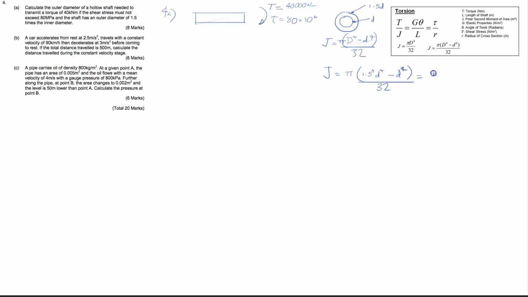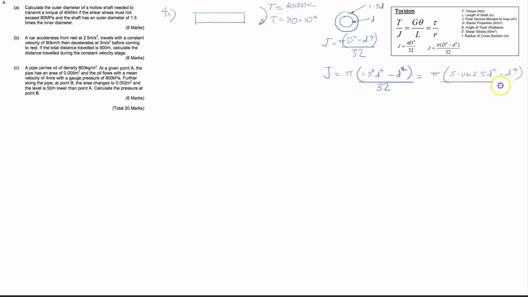So 1.5 to the 4 is 5.0625 d to the 4 minus d to the 4, all over 32.